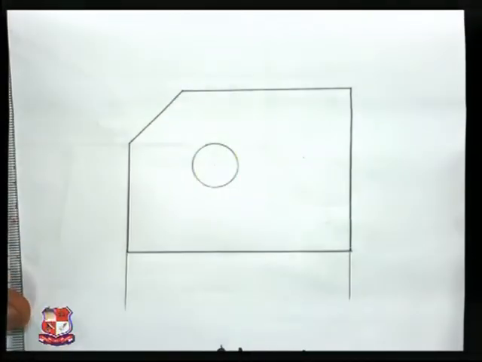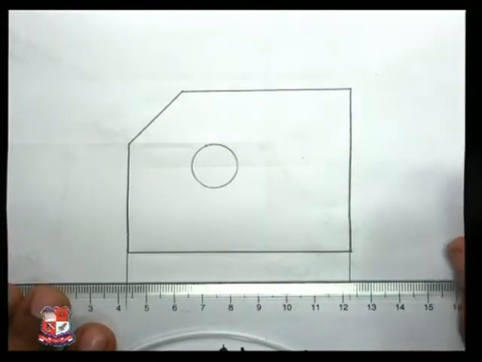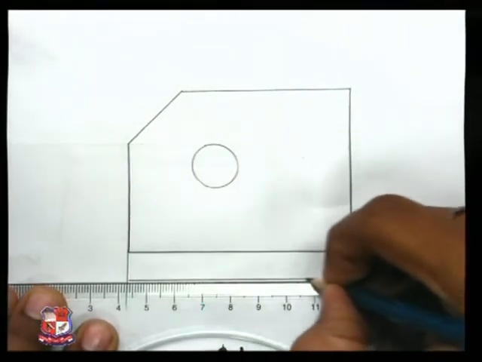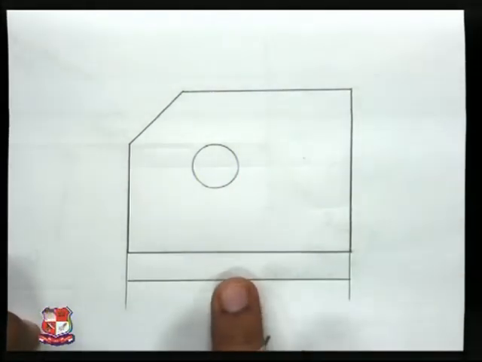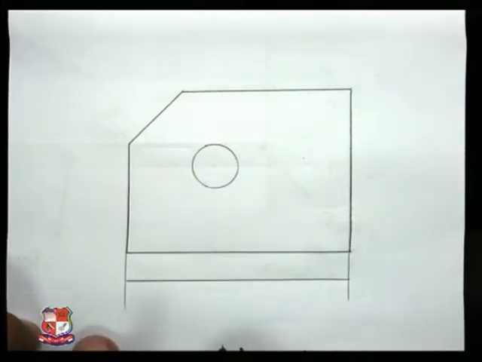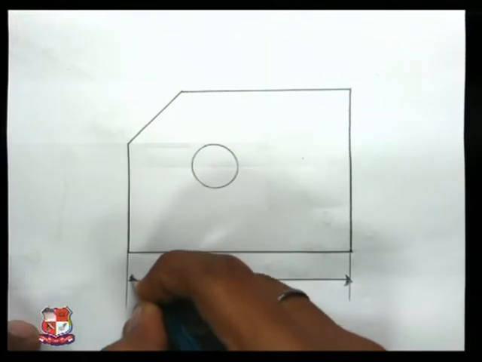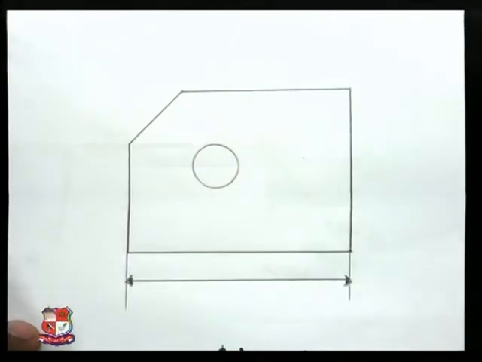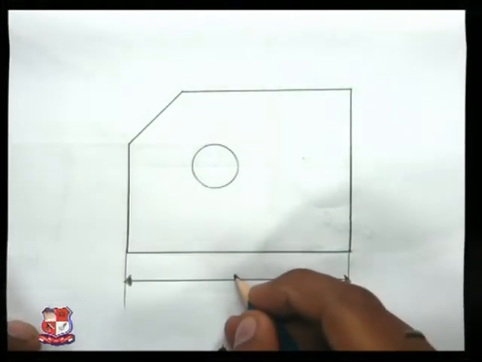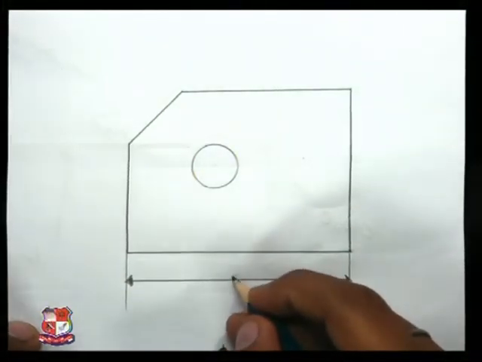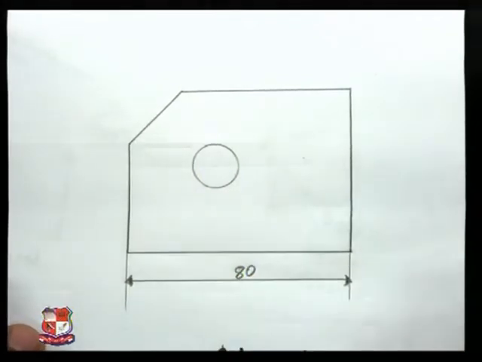Again, extension line will come. Here comes the difference. In unidirectional system, the dimension line was broken in the middle, but in aligned method, dimension line would be continuous. Closed filled arrow again will come. Dimension will be written in the middle of the dimension line, but above the dimension line, like this.